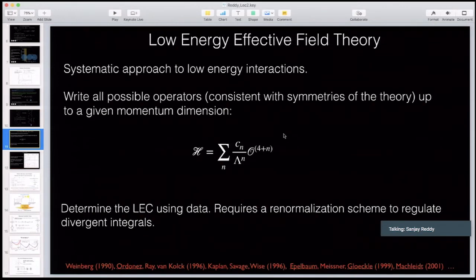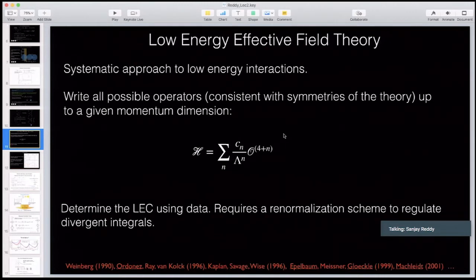So in other words, if you say, well, I'm just going to cut off the integral at a large momentum, let me choose 1 GeV, for example, for nuclear interactions, to cut the integrals off at 1 GeV, then you will see that the low energy coefficients Cn that you obtain depend on this cutoff.